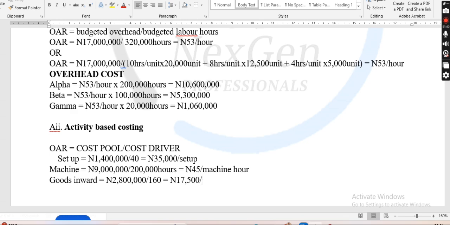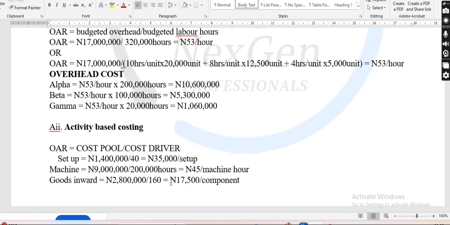It's based on components, per component, right? Okay, 17,500 per component.